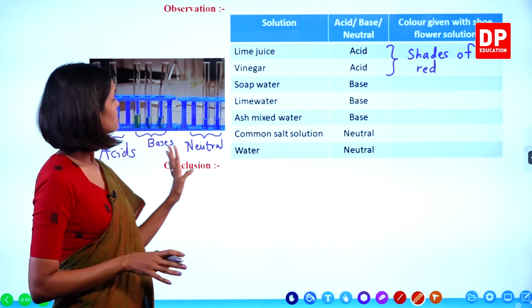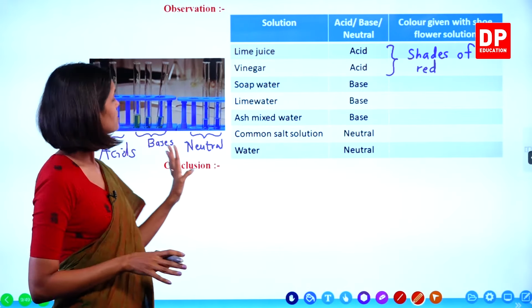Right. What happened when you put a few drops of this shoe flower boiled water into these neutral substances, which means our common salt solution and water? Did you see any color change? At the beginning of the experiment, you all know that common salt solution and water are colorless.